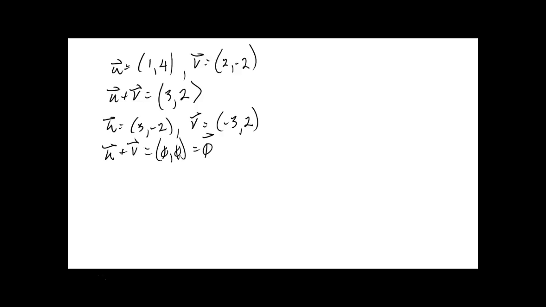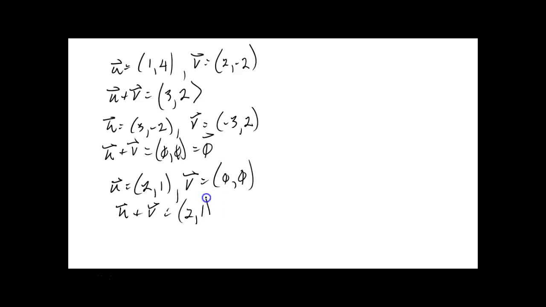Now, something else. Let's look at C. We have u equal to 2, 1, and the v is actually the 0 vector, 0, 0. And what happens if you add these two together? u plus v is equal to 2, 1, which is u.